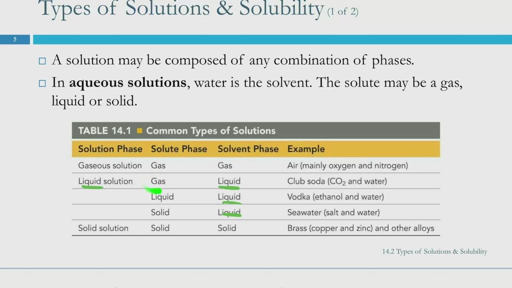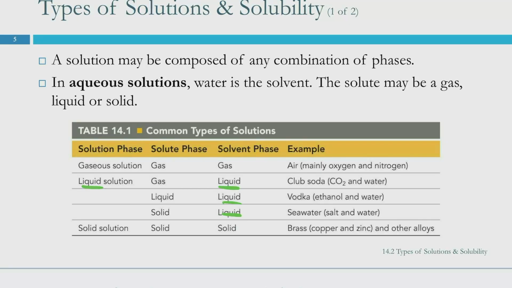You can dissolve gas in liquid, like any carbonated beverage has CO2 dissolved in water. You can dissolve liquids in liquids. You can dissolve solids like salt in liquids, sugar as well. You can also have solid solutions, alloys, things like brass. Those are also technically solutions.